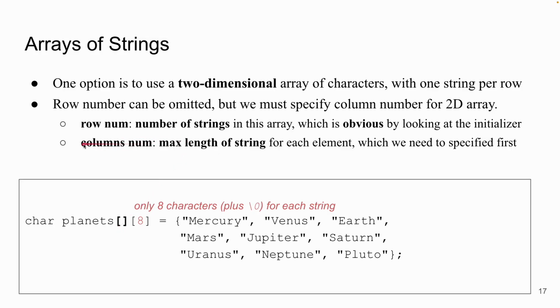And then the meaning of the column number is the maximum length of the string for each element. It means the maximum length of the name of the planet I can store here. So for example, if I have a planet whose name exceeds 7 characters, then it cannot be stored inside this 2D array successfully, and we need to specify this first.